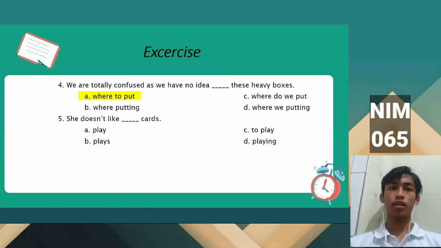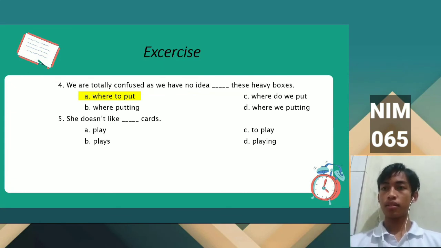Next, exercise number 5. She does not like blank cars. To answer this question, we must analyze the sentence. The sentence has a subject, she, a modal followed by a verb, does not like, and an object, cars.